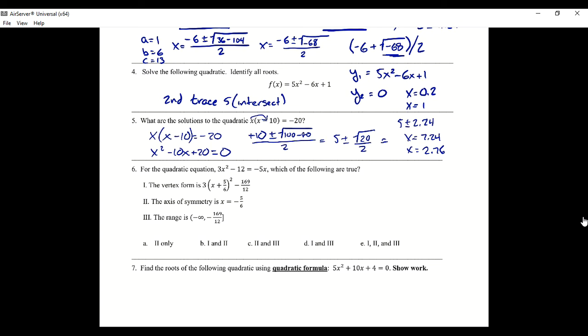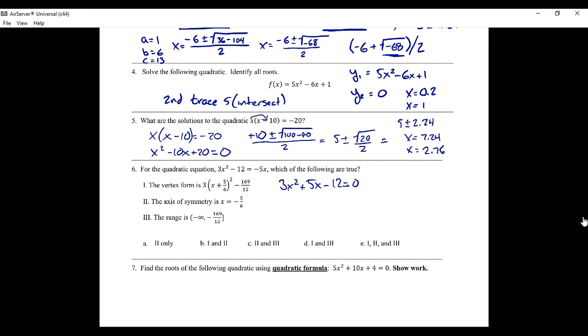All right. So to convert from standard form, let's go ahead and set this equal to 0. We have 3x squared plus 5x minus 12 equals 0. Since we're going to vertex form, instead of solving, we're going to use a cheat code.